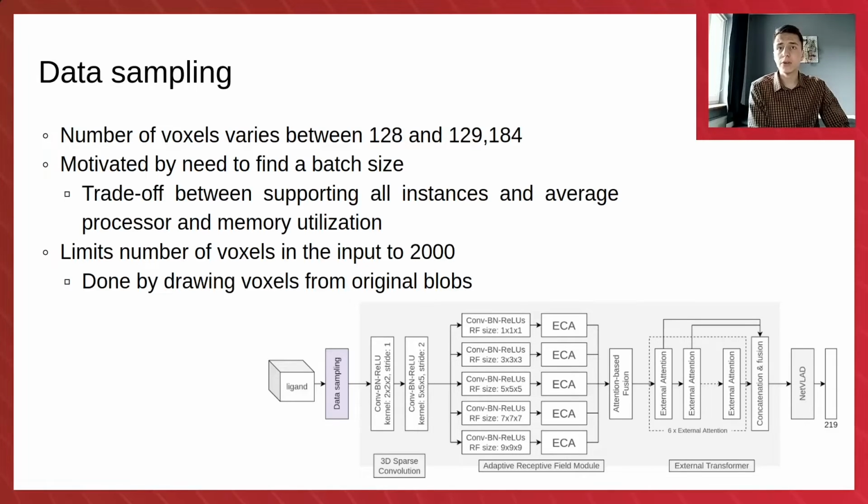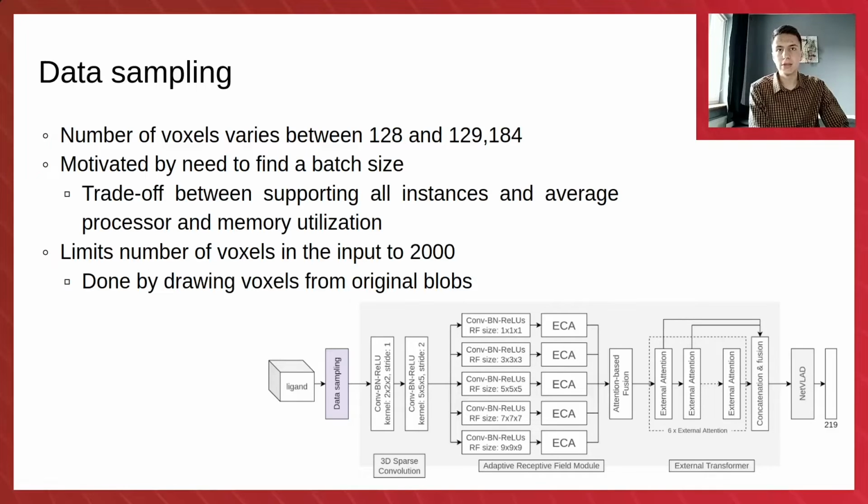This may cause many problems related to batch size. It's quite difficult to choose a proper size when the instance size varies. It requires a trade-off between supporting all instances and average processor utilization.